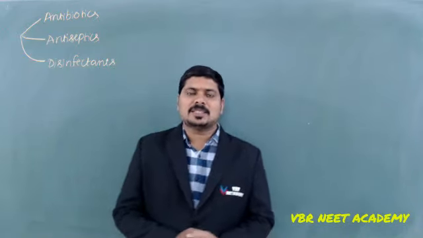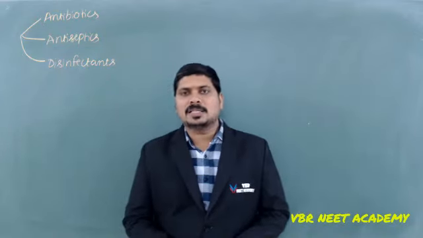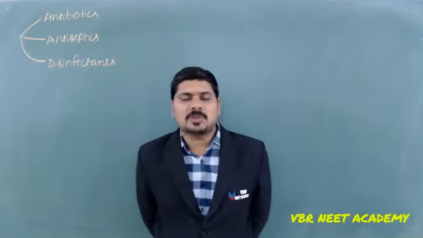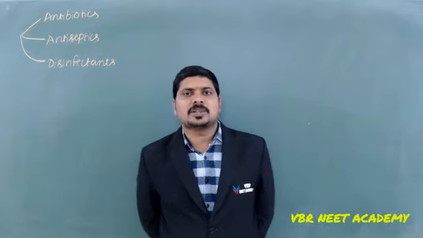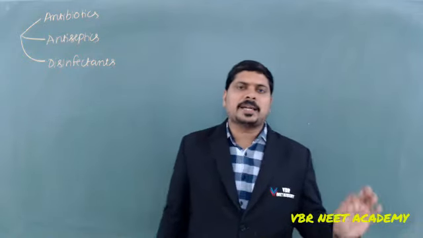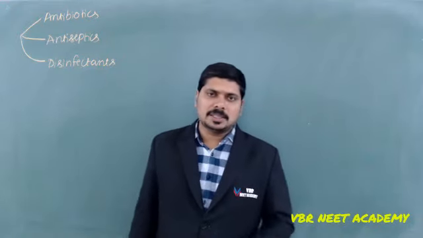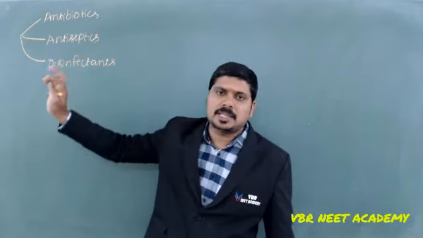We discussed the classification of drugs based on pharmacological effect, the pharmacological response, in the last class. The last topic we discussed is antimicrobial drugs. The drugs which act against a microorganism are called antimicrobial drugs. They are of three types: antibiotics, antiseptics and disinfectants.